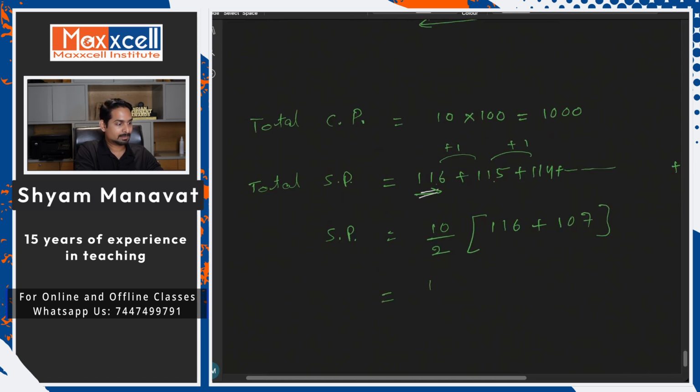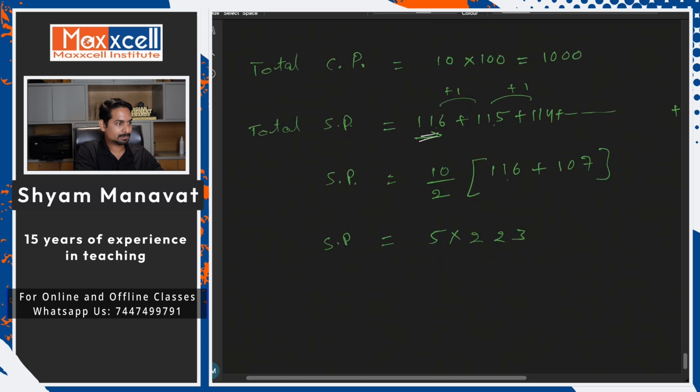Simplify this further. 10 by 2 is 5, and 116 plus 107 gets you 223. Multiply, and what you get here is 1115. So that's the total selling price.